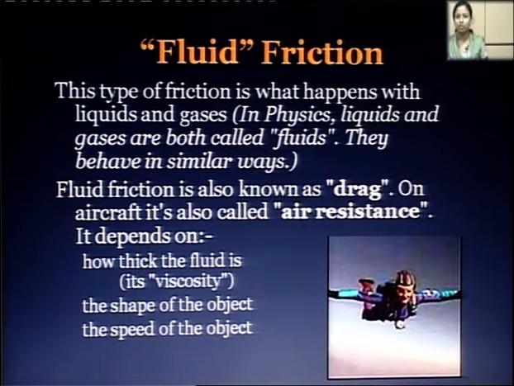It depends on the following factors: first, how thick the fluid is, that is its viscosity. The more its viscosity, the more the fluid friction will be. Second, it depends on the shape of the object, that is the area of contact. And third, it depends on the speed of the object.